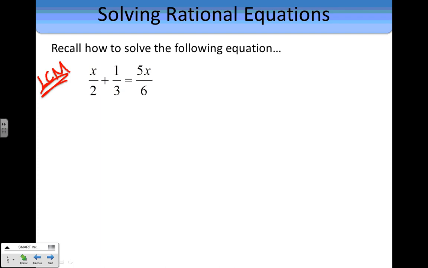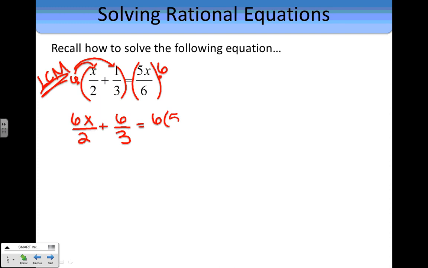In that case, that's going to be 6. Okay, 2 times 3 is 6, 3 times 2 is 6, and 6 times 1 is 6. So I'm going to multiply both sides of this equation times 6. Everything on the left side is multiplied by 6, so I have to distribute that 6. Okay? So I get 6x over 2 plus 6 over 3 equals 6 times 5x over 6.